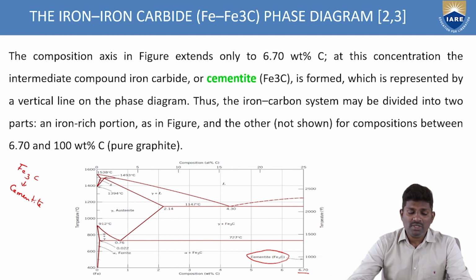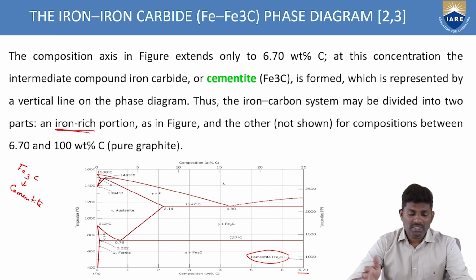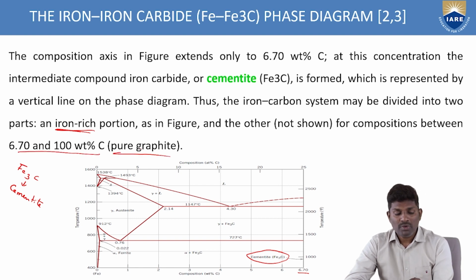Up to 6.7, it is having an iron rich portion. The other, which is not shown, has a composition of 6.7 to 100 weight percentage. It is pure graphite. So we have two portions: one is the pure iron and another is pure graphite.